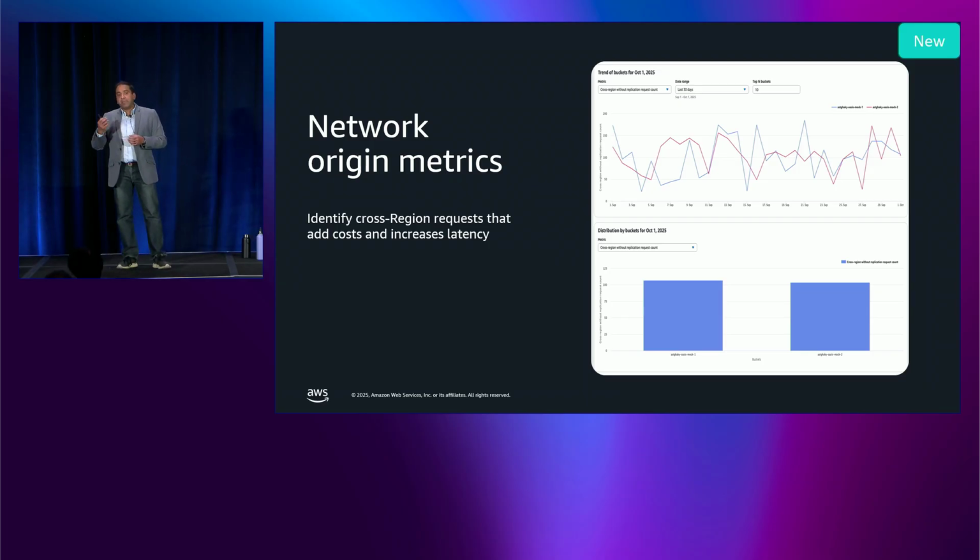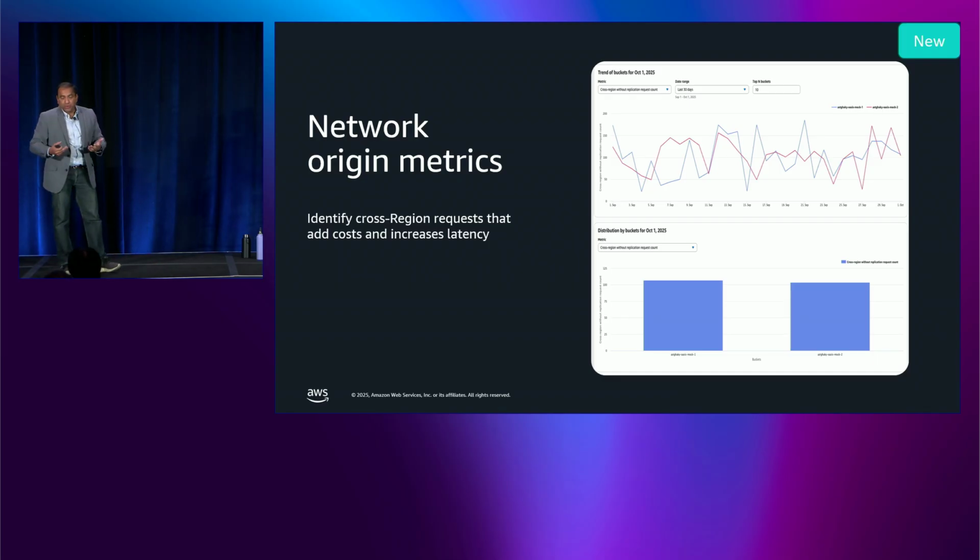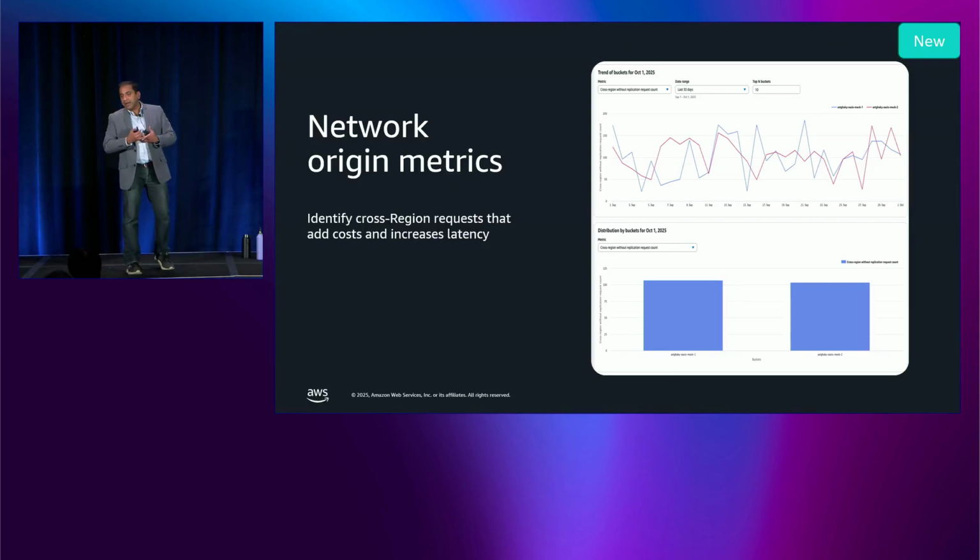Is it from an application that is running in the same region, in the home region as the bucket, or is it coming from another region, a cross-region request? That's what you're looking for. You want to avoid cross-region requests where you can, because it's adding latency, it's adding cost. So this capability is now available where you want to co-locate your application with your data in the same region.